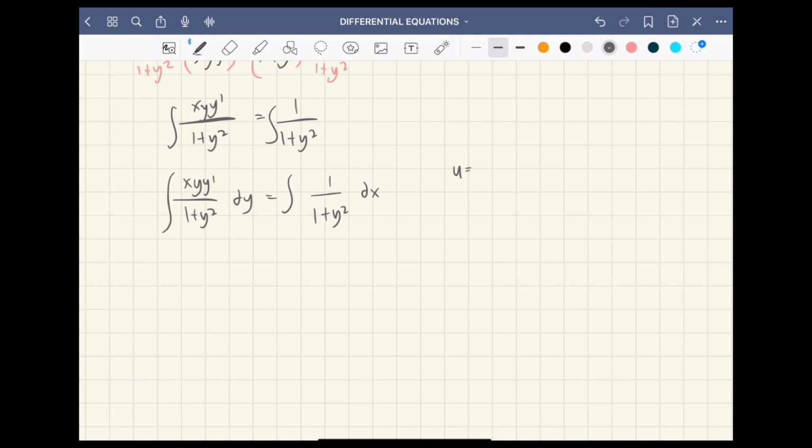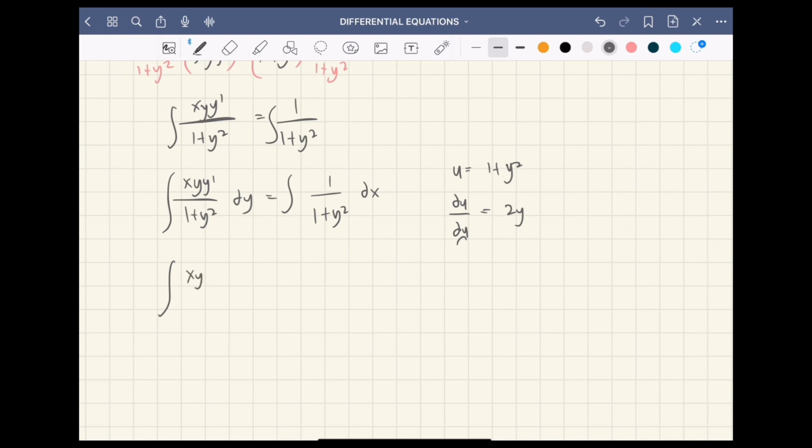Let u equal 1 plus y squared, and du over dy is equal to 2y.